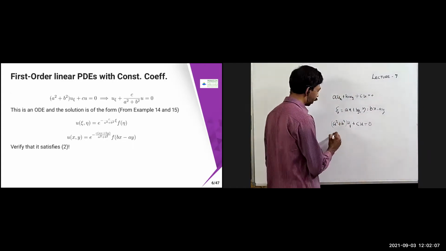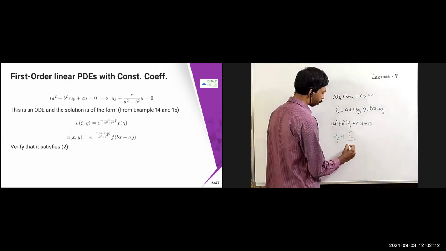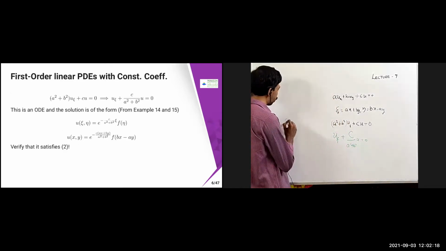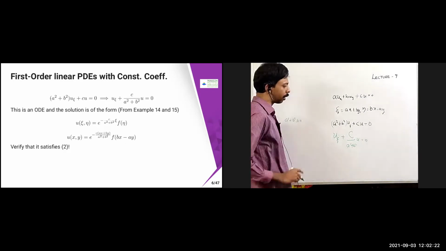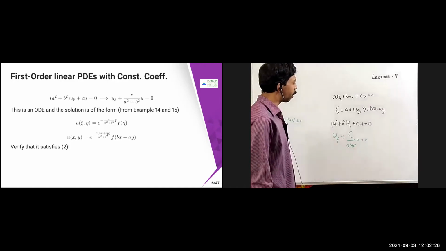This problem can be written as u_chi plus c by (a square plus b square) times u equal to 0. We have already assumed the condition a square plus b square not equal to 0, only then is this valid. That is the reason I can divide. So this is an ODE problem now.